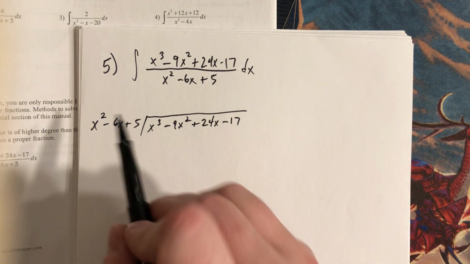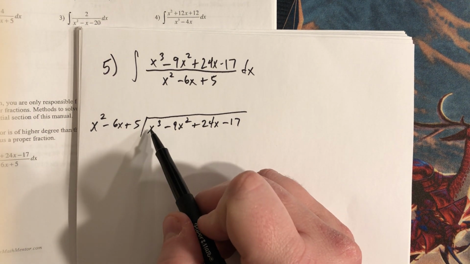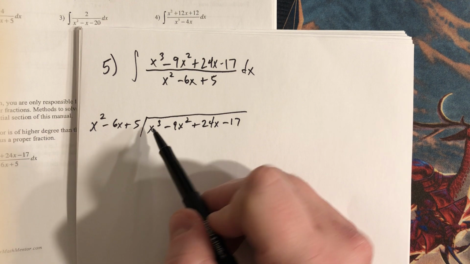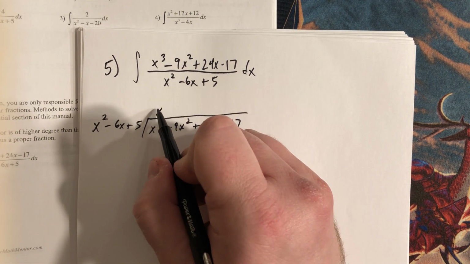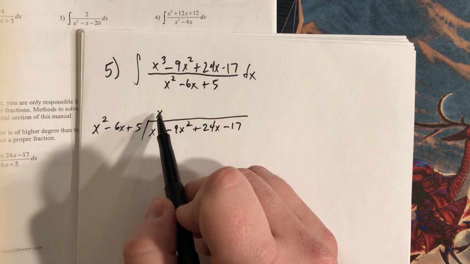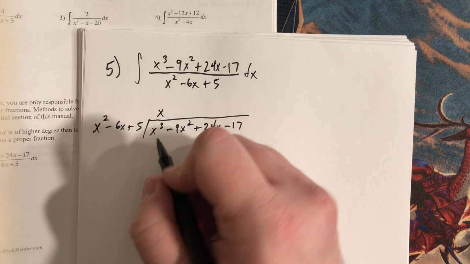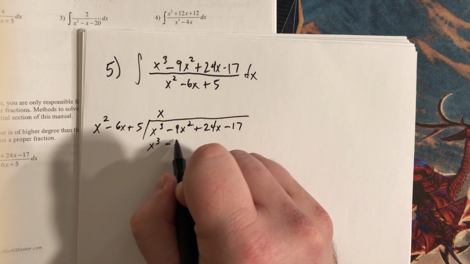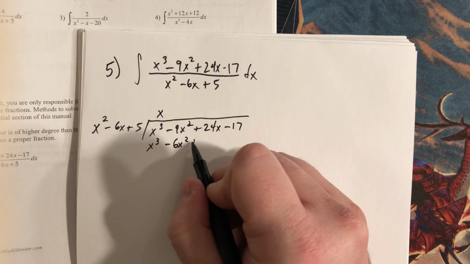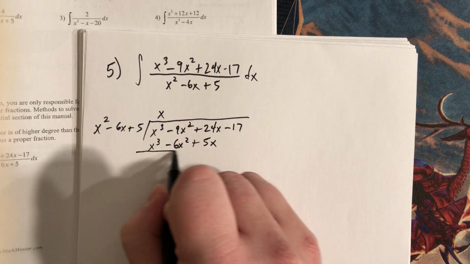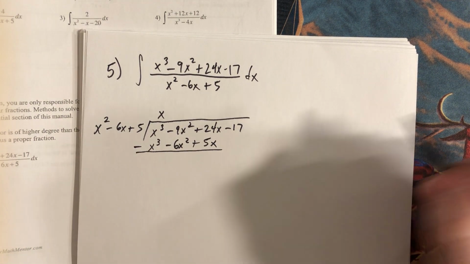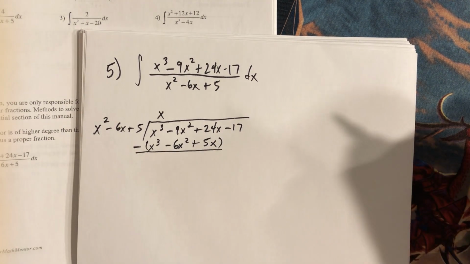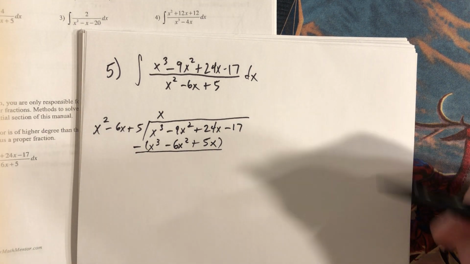So that's where we say, okay, how many times does x squared go into x cubed? It goes in x times. And so my first number that I have up here is an x. And I multiply all those by x, which gives me x cubed minus 6x squared plus 5x. Then we subtract, right? Be careful, we're subtracting all these, which means all their signs change.